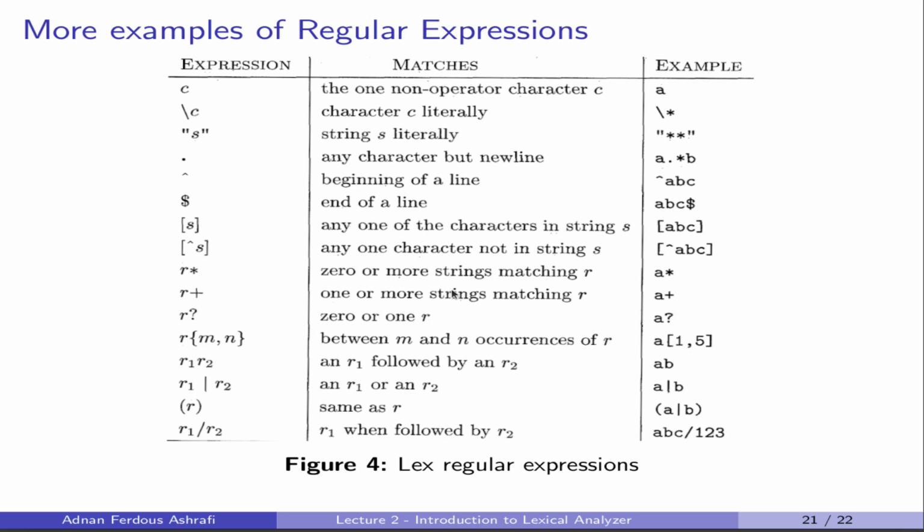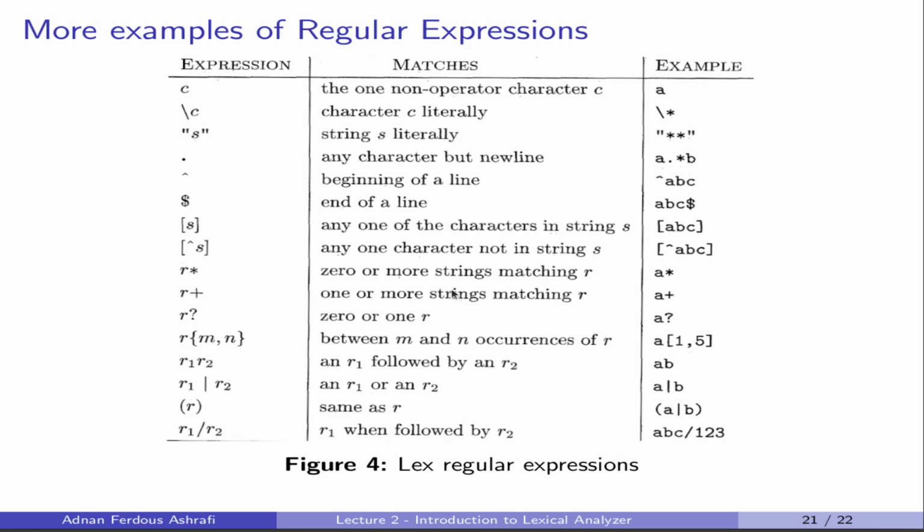But suppose instead of the character A, I want to define a character star. Then what do I have to do? Since star has a specific operation, as this is an operator, I have to first escape it and treat it as a normal character. So that's why we force it into a literal by using a backslash in front of it.